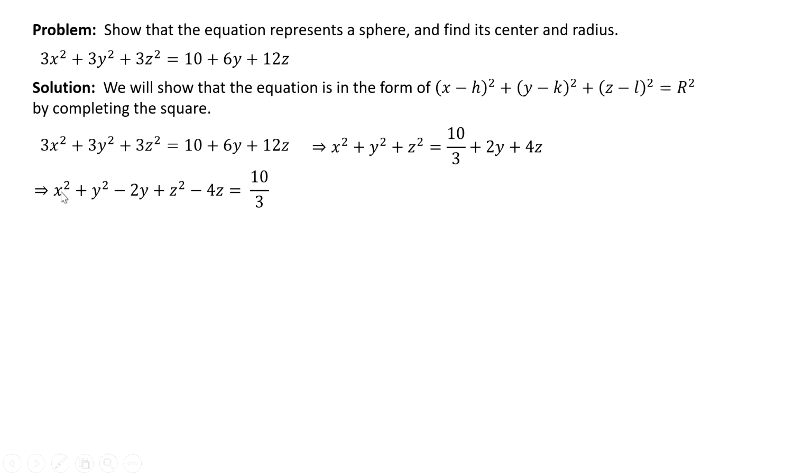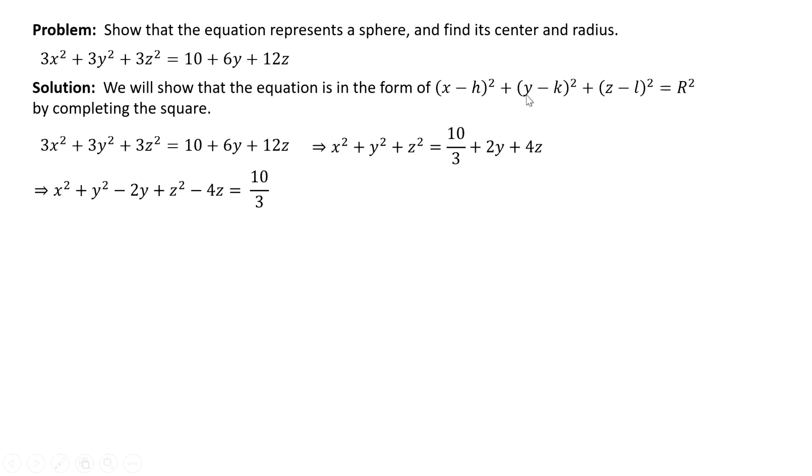Is this x squared in the form of x minus h, the quantity squared? Well, y minus k, the quantity squared, when we expand that, we should get y squared minus 2ky plus k squared, right?